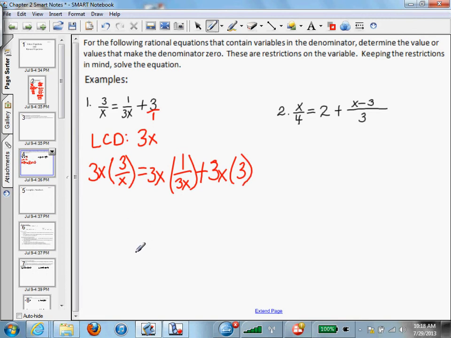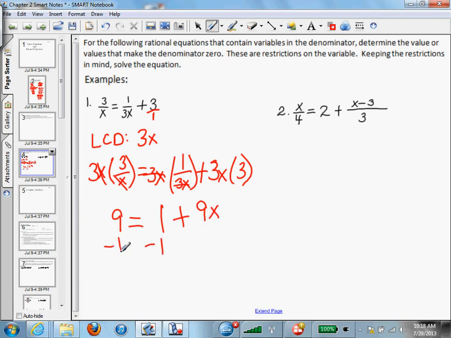So, as we can see now, these x's cancel out, leaving you with 3 times 3, which is 9. Over here, the 3x's cancel out on top and bottom, so we're left with 1 plus 3x times 3, that's just giving you 9x. So, to start getting stuff away from x, we have to work farthest away.